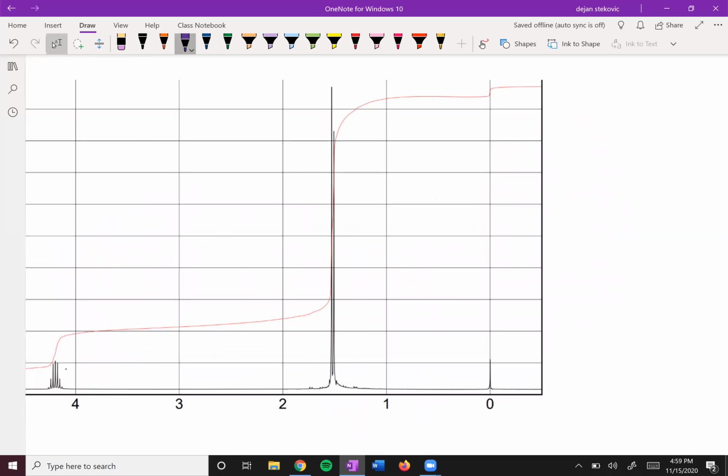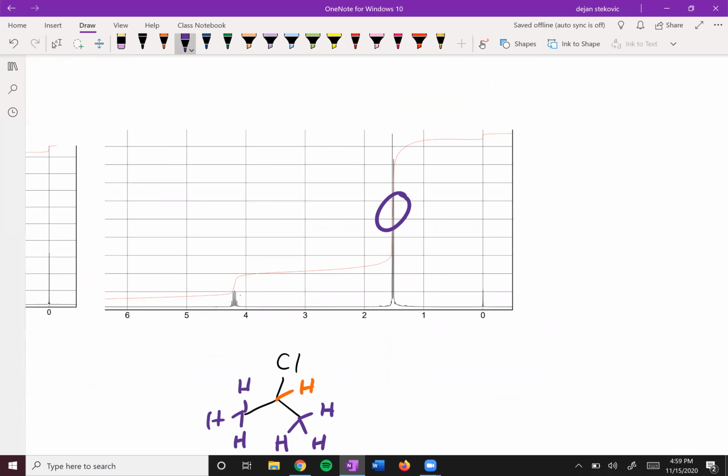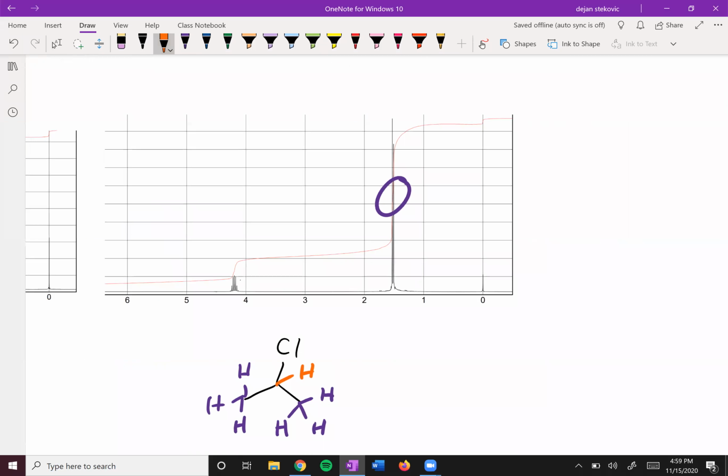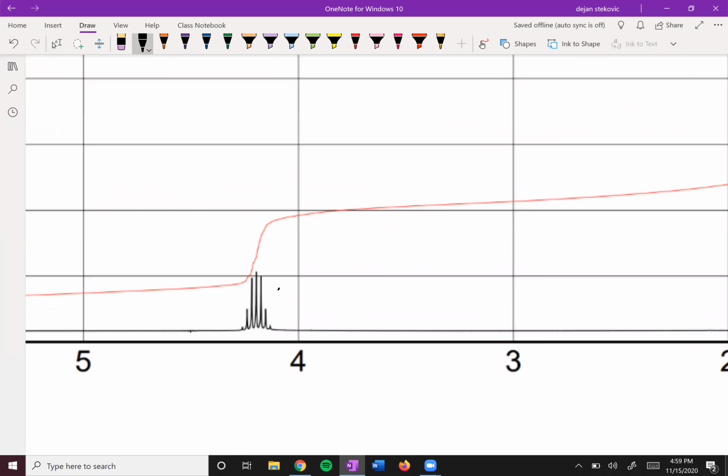And if you look at it here, you've got 2 peaks, a doublet, and so that corresponds well. And then if you take a look at this other hydrogen, it has 6 neighbors, so it should be split into n+1 peaks, and so it should have 7 peaks here. These are kind of hard to see, but there are these small ones to the left and right. So 1, 2, 3, 4, 5, 6, 7.